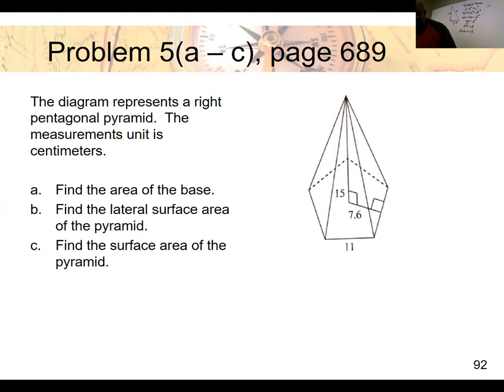Now here, the diagram represents a right pentagonal pyramid. A right pentagonal pyramid. And the measurements unit is in centimeters. So in this, we want to find the area of the base, and then find the lateral surface area of that pyramid, and find the surface area of the pyramid.